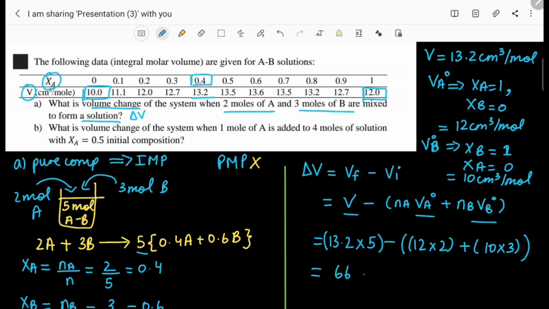From here we get 66, minus 54. And this gives us 12 cm cubed, which is the volume change of this solution, and this is the answer for this part.